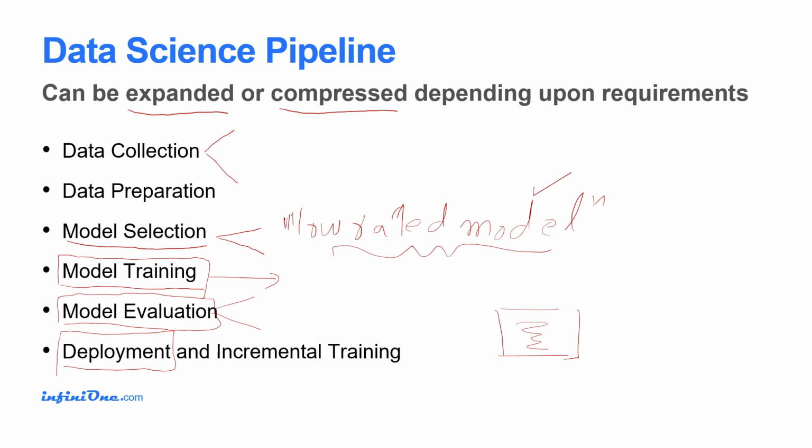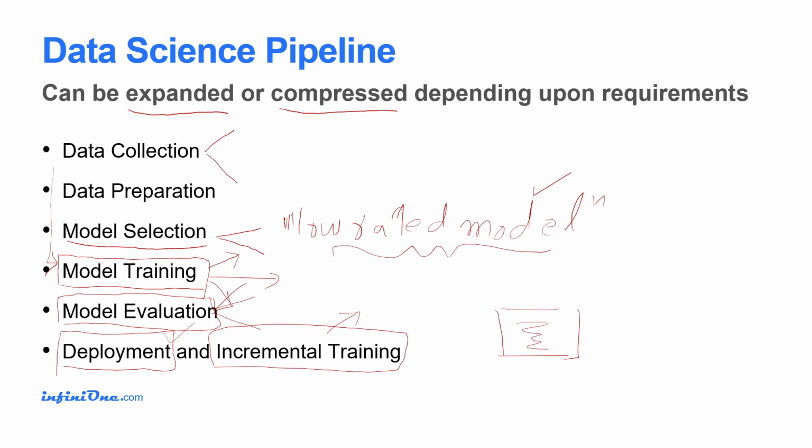Then you go back to the same process again, and you retrain your model, or mostly you do incremental learning, sometimes called online learning, where you adopt the new samples of data to improve the existing model, and you may then evaluate the model and deploy it again, supplying the new version of the model.